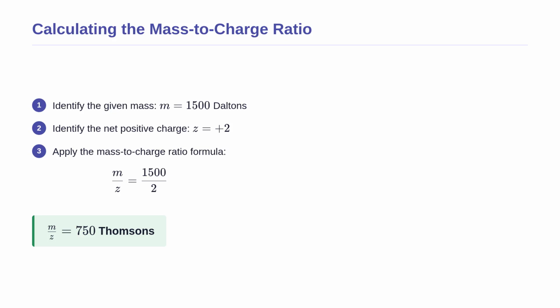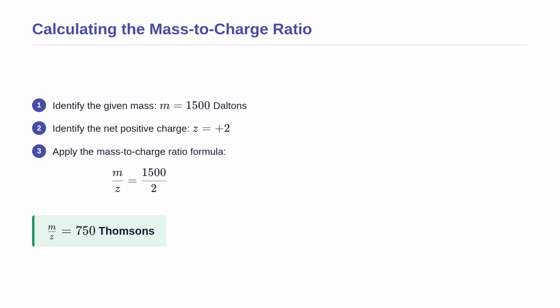Before we move on to more complex physics, let us see this ratio with a concrete example. Imagine we have isolated a specific peptide fragment from a viral protein. We're given that the exact mass of this peptide is 1,500 daltons. During ionization, it gets stripped of 2 electrons, giving it a net positive charge of +2.